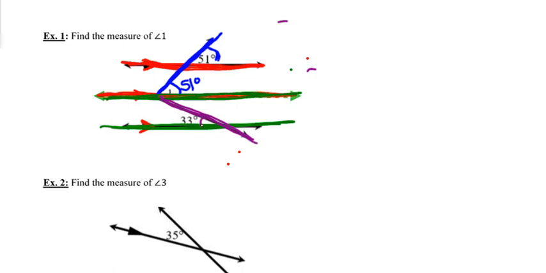And in looking at that 33-degree angle, I'm going to look at its alternate interior angle buddy up here, which also must measure 33 degrees. So again, in following the same spirit that I applied to the first one, the measure of angle 1 is made up of those two angles, 51 degrees and 33 degrees, making the measure of angle 1 equal to 84 degrees.